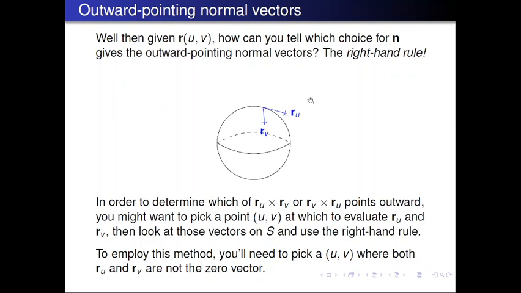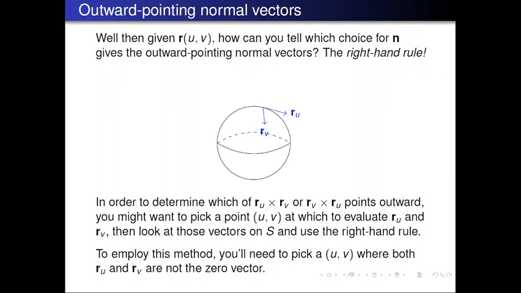Then if we have these two vectors here, in order to determine which one points outward, let's use the right-hand rule. So does r sub u cross r sub v point outwards? Well, let's see. This is going to be hard for me to do on the video, so you can just follow along. If I took my right hand so that my fingers were pointing in the direction of r sub u, but curling in the direction of r sub v, it looks to me like my thumb would be pointing inward to the sphere.